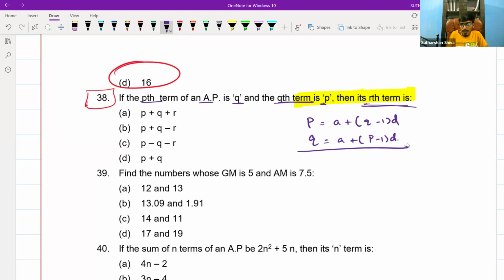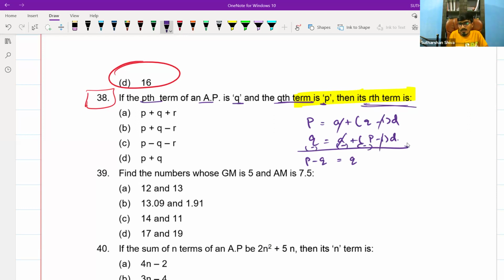Okay, if I equate it, it will become P minus Q. A will get cancelled. It will become (q minus 1), minus 1 plus 1 will get cancelled, because I need to change the sign, right? Minus, then it will become plus, automatically.